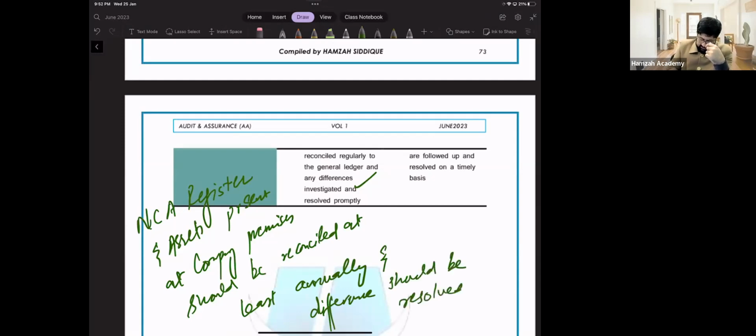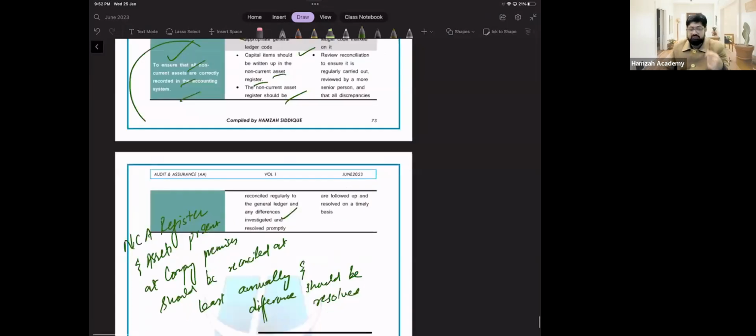To achieve it, non-current asset register, what is written here or what is physically present? Reconciled. To ensure the record is appropriate.